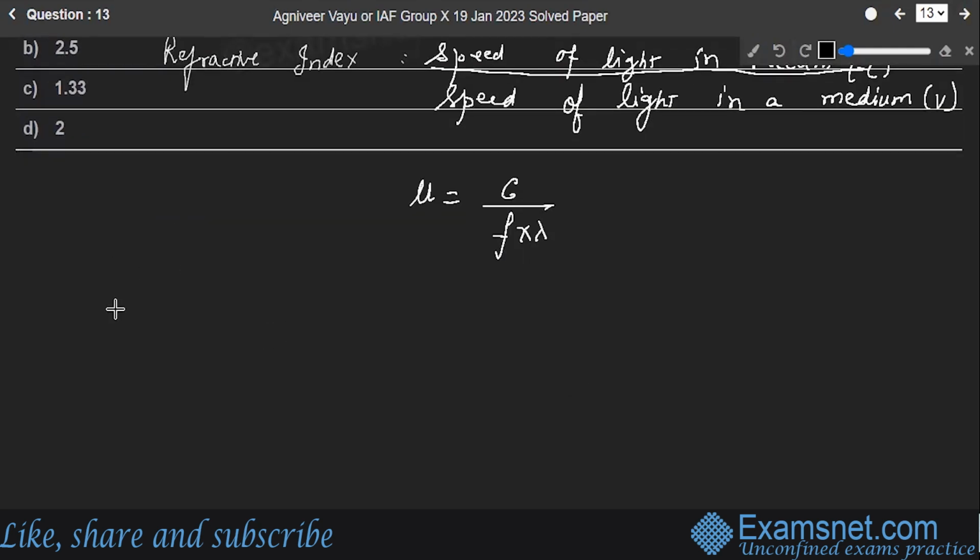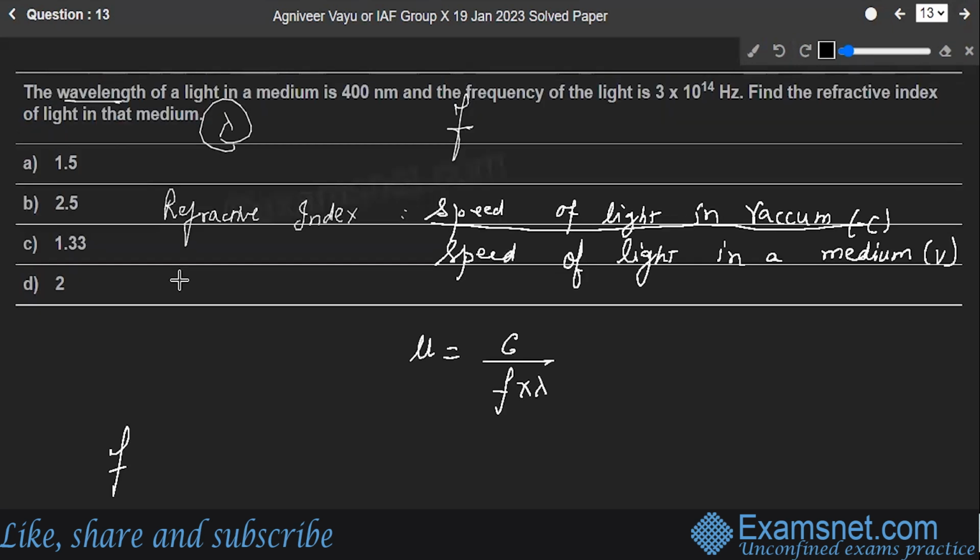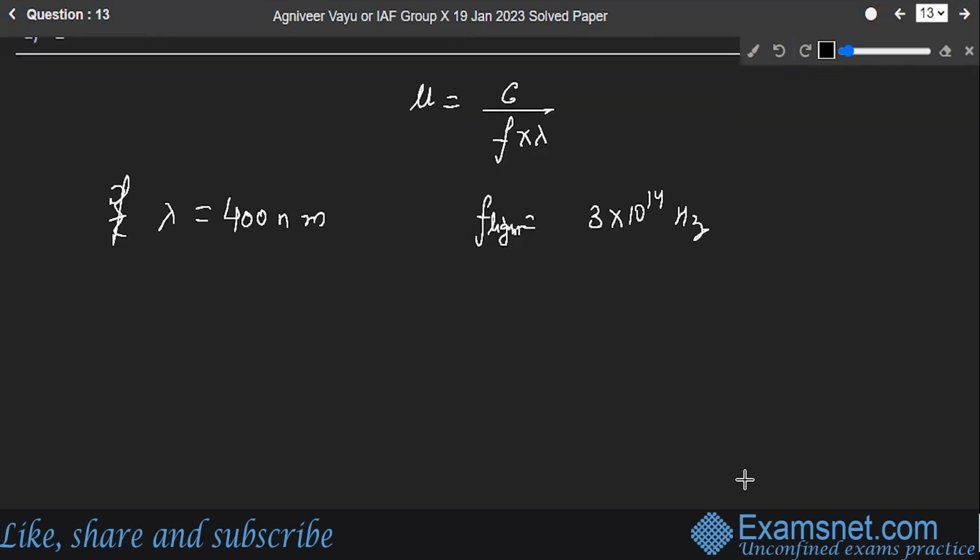Now let's return to our question. Here you are given the wavelength in the medium. So lambda is equal to 400 nanometers. Frequency of light is 3 into 10 raised to power 14 hertz. So you have to find out the refractive index.